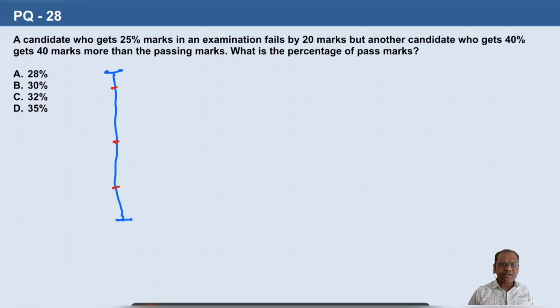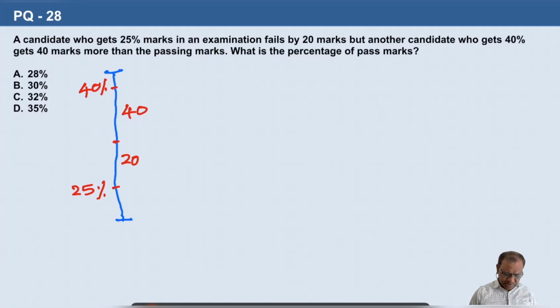So a candidate who gets 25% marks fails by 20 marks. So here is 25% marks, he fails by 20 marks. And the candidate who gets 40% marks gets 40 marks more than the pass mark.